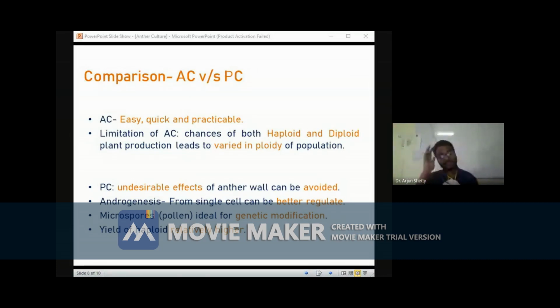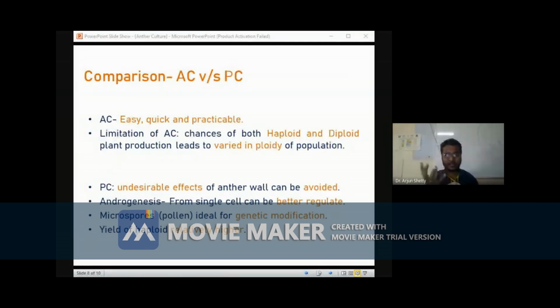And even after obtaining the plants, we are not sure whether the plants obtained from the anthers are haploid or diploid. We have to take them for studying mitosis, and once the mitosis study has been conducted, you can identify whether they are haploid or diploid. In the case of pollen culture, the regulation can be better because we are working with single cells or only pollen cells.